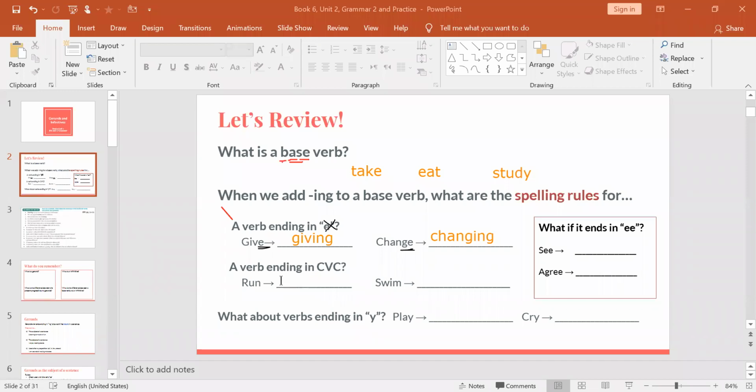As we see here, run becomes running, and swim becomes swimming.